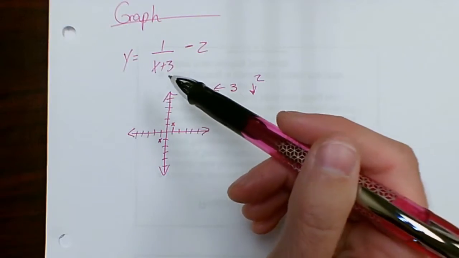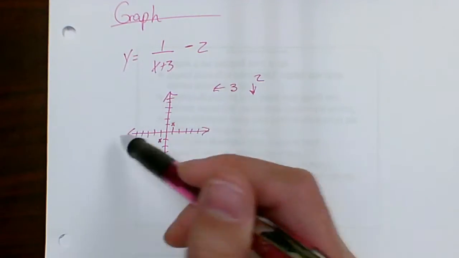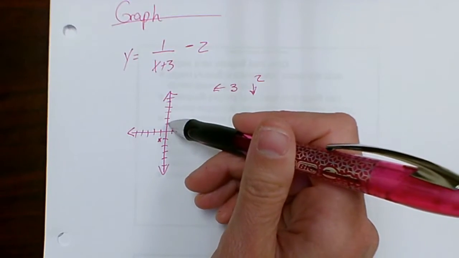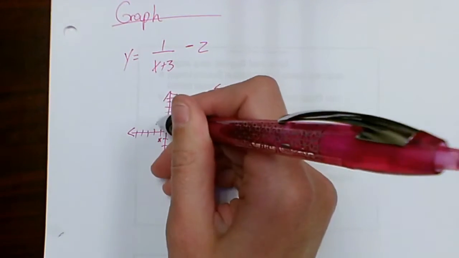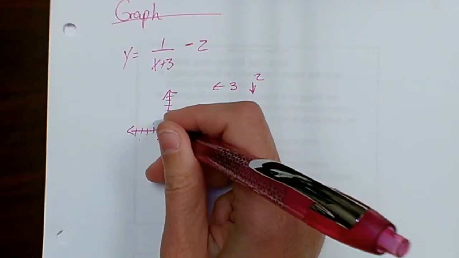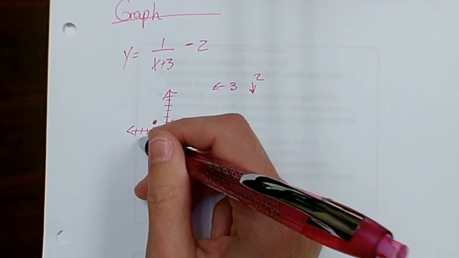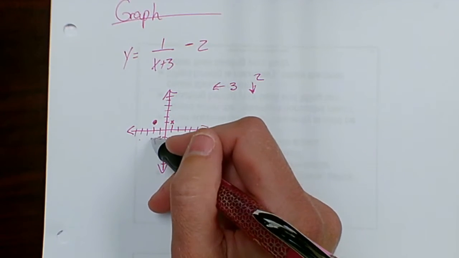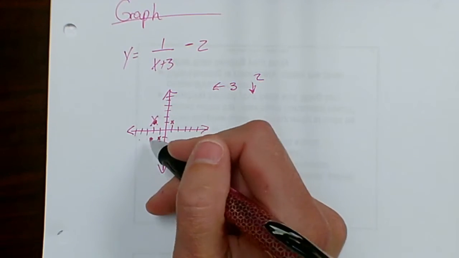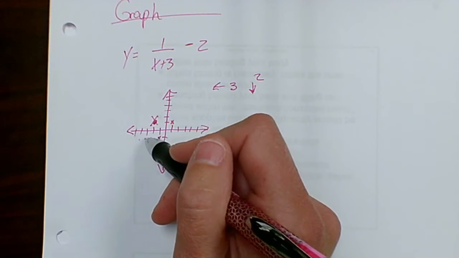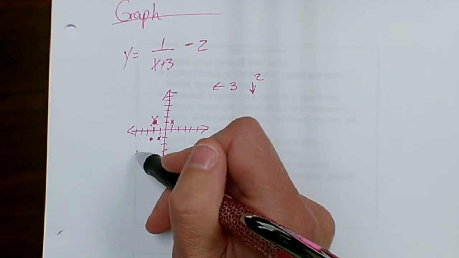If you've seen my other videos, remember the horizontal movement is opposite of what you want to think. So 1, 2, 3 will be this base point, and 1, 2, 3 will be here. But we still have to move down 2. 3, down 2. There we go. And then we'll go 1, 2, 3, 1, 2.